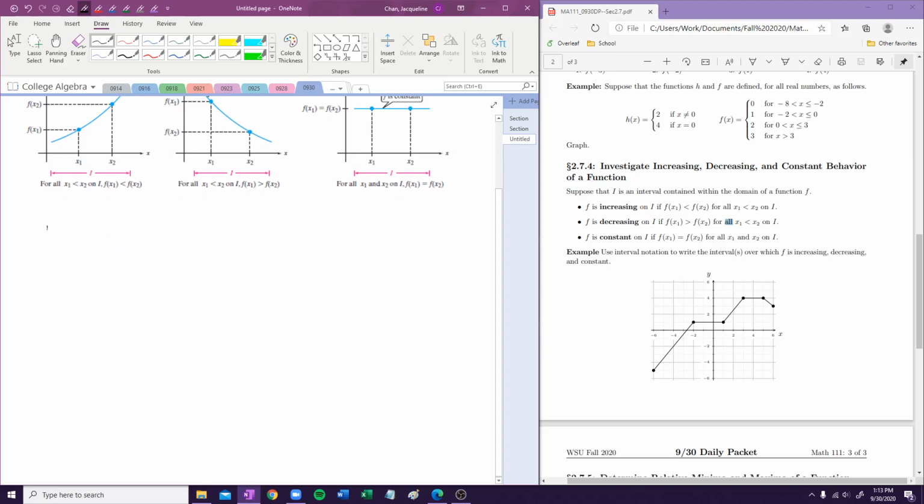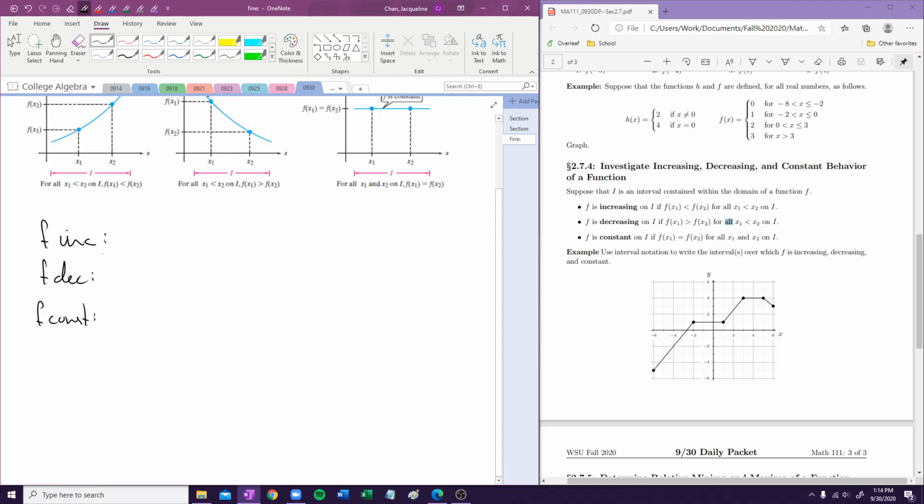So first there's f increasing, f decreasing, f constant. People do it multiple ways. Some people might just look for all the increasing, and then they look for all the decreasing, and then they look for all the constants. Another way to do it is just to go from left to right, and that's actually what I'm going to do.